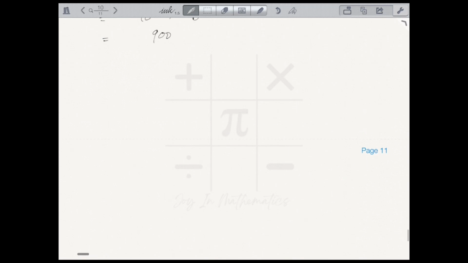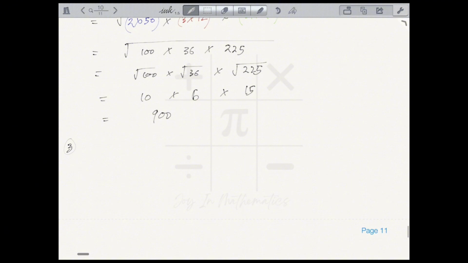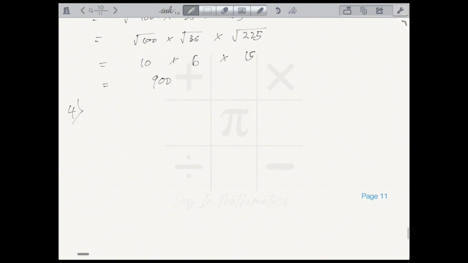Two more questions. This should be question 4. This is quite simple. Root 27 multiplied by root 50. We can first convert it to basic form as we have seen, or we perform the operation law just like that.